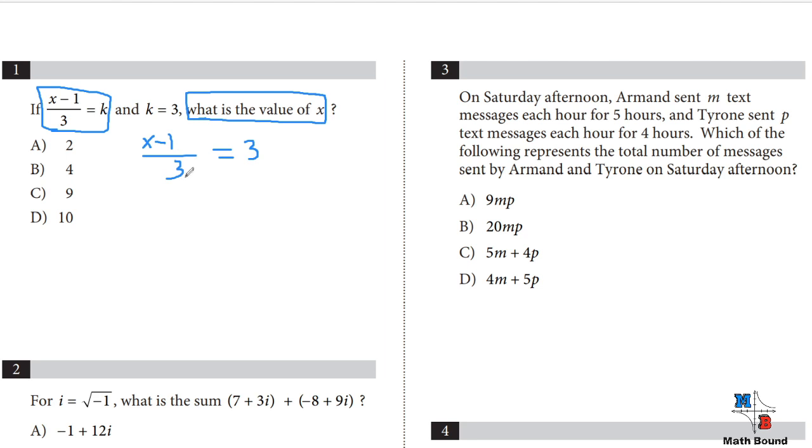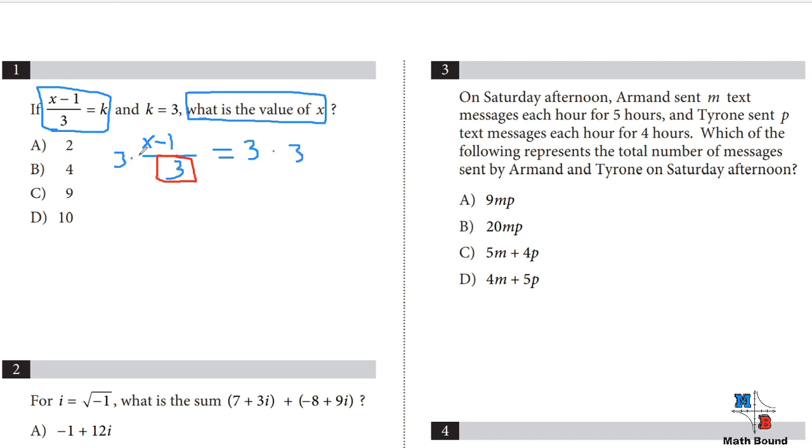The next thing we want to do is multiply both sides of the equation by 3, because we want to get rid of the 3 in the denominator. Multiplication by 3 is going to cancel that division by 3. But if you multiply one side by 3, you must also do it on the other side.